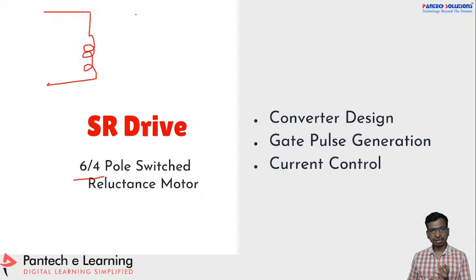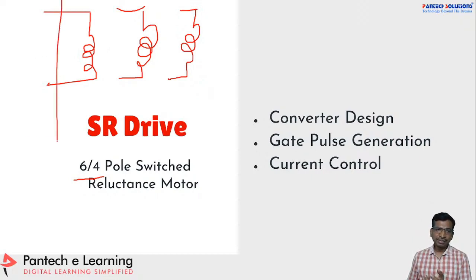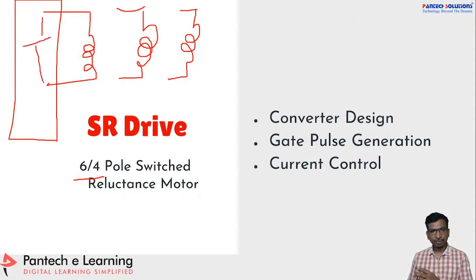There will be 6 terminals, and these 3 windings will be there, and of course the rotor. So the stator will have 6 terminals. Now you have to apply a voltage, and then this coil will get excited.